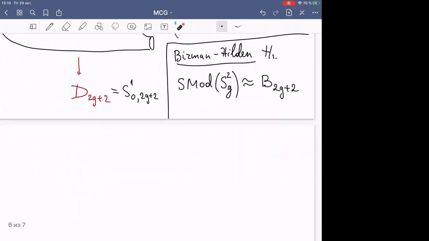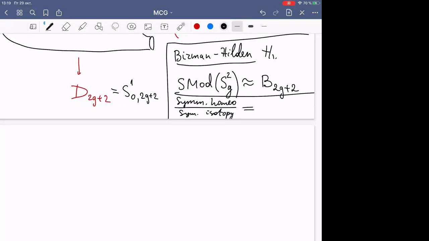So again, we already know that symmetric homeomorphisms up to symmetric isotopy are in one-to-one correspondence with the mapping class group of the surface of genus g with 2g plus 2 punctures of the surface downstairs, which is the braid group.